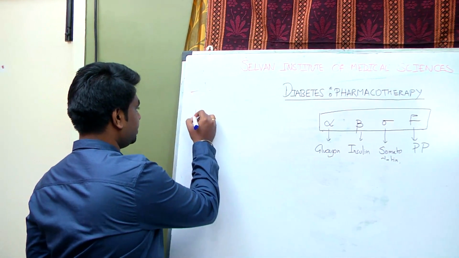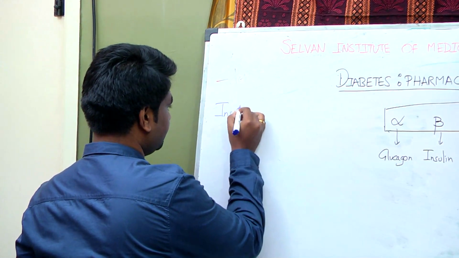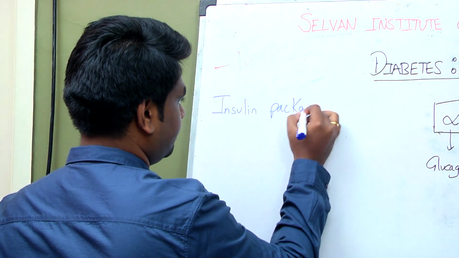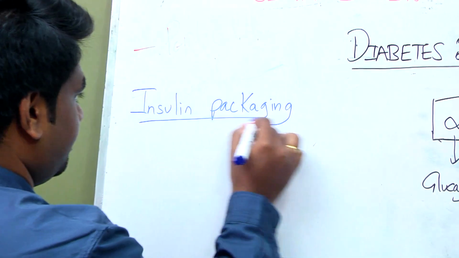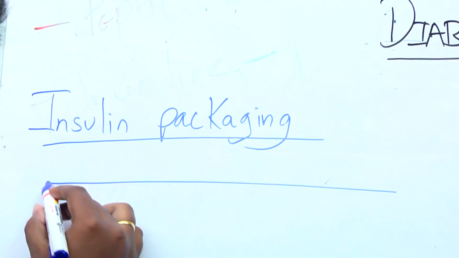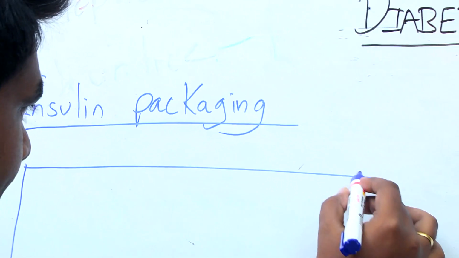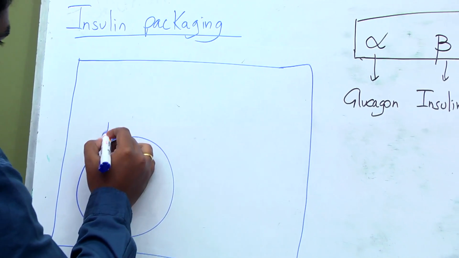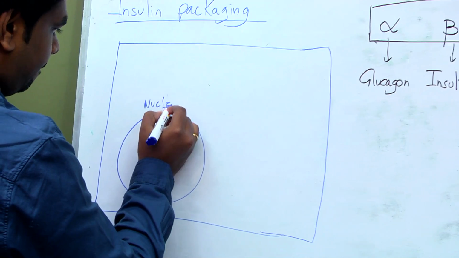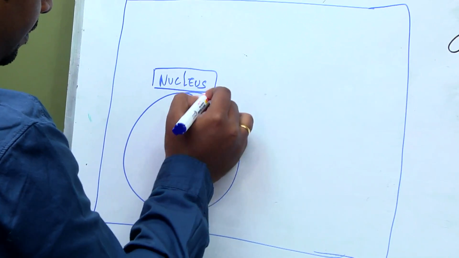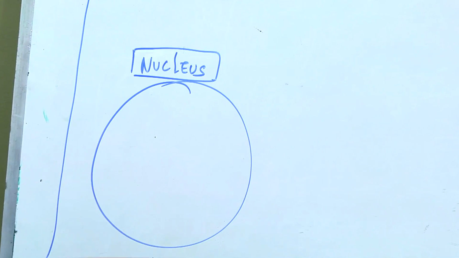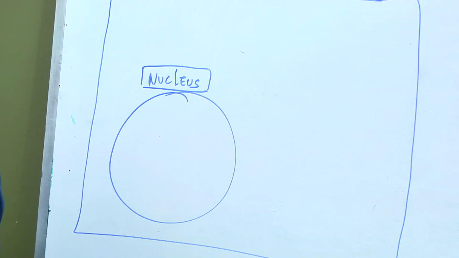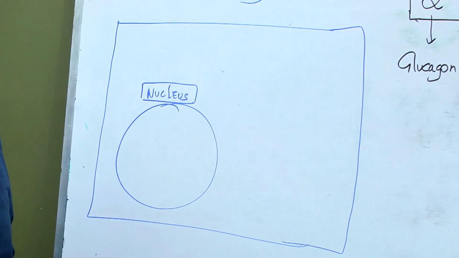So now coming to the insulin packaging. The first thing we should remember before going into the packaging is which chromosome is responsible for the secretion of insulin.